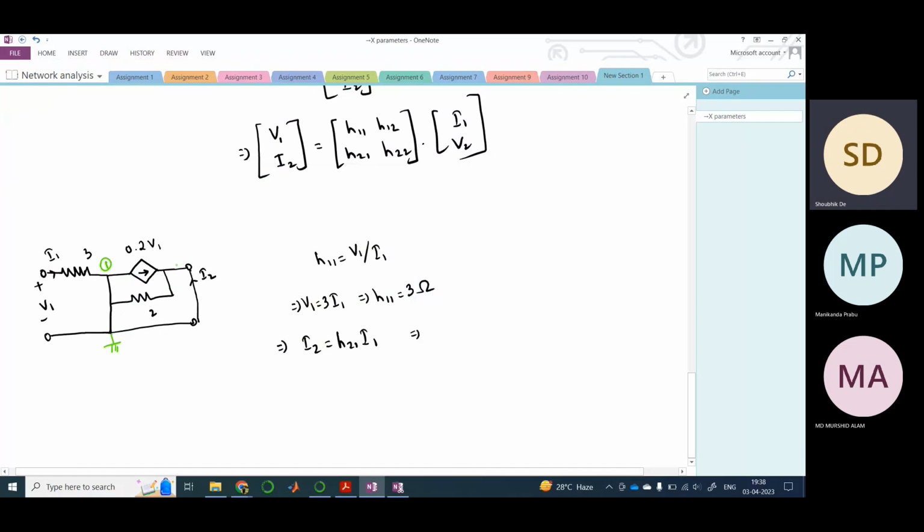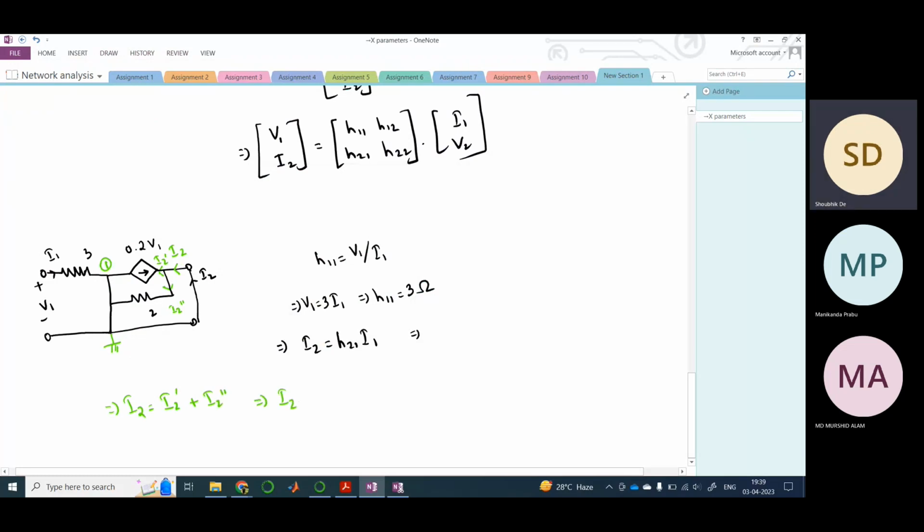This is I2. This would get divided into, let's say, I2 dash and I2 double dash, and then it would flow into this. So I2 is I2 dash plus I2 double dash.